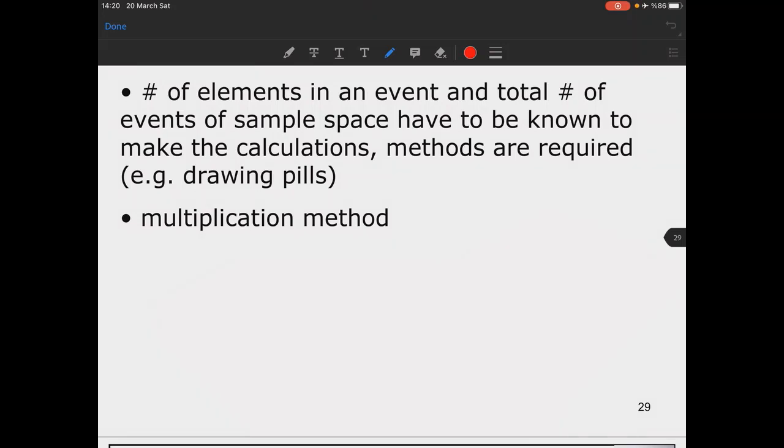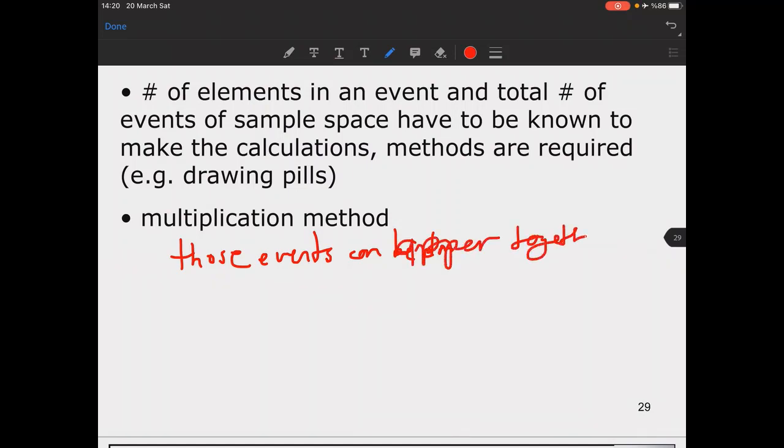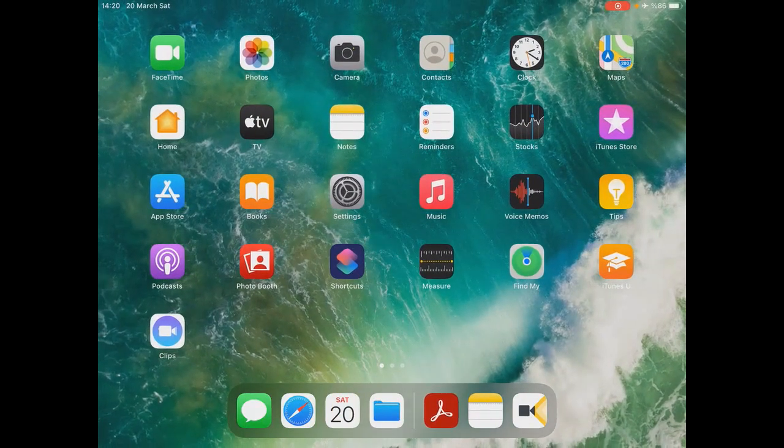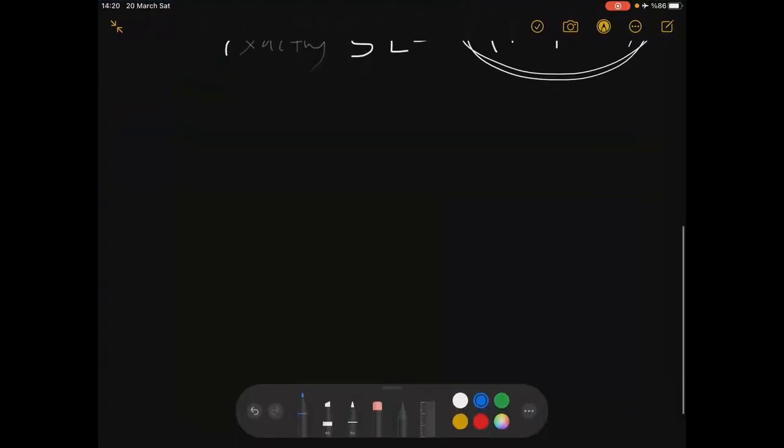Those events can appear together. So let me just write them. Those events can appear, let's say, together.